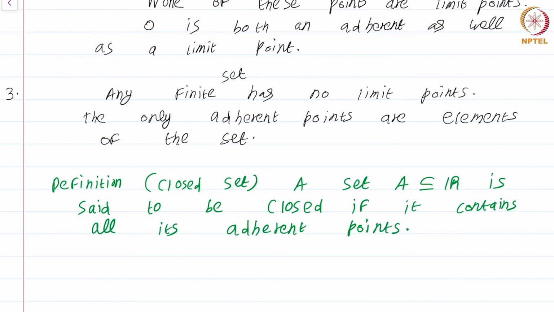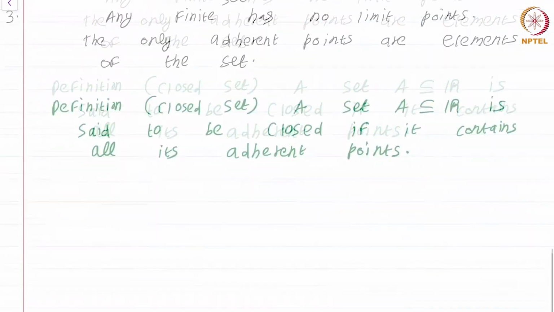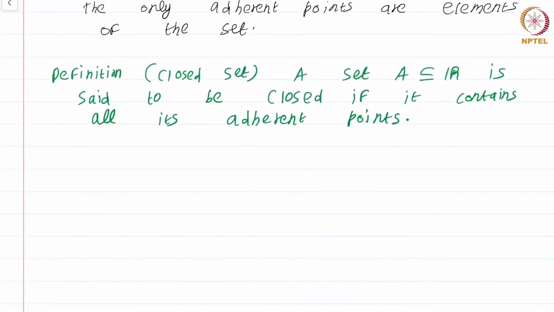That means the set contains any point that gets infinitesimally close to that set. Okay? So examples of closed sets, we already see that any finite set is closed. So is a closed interval.